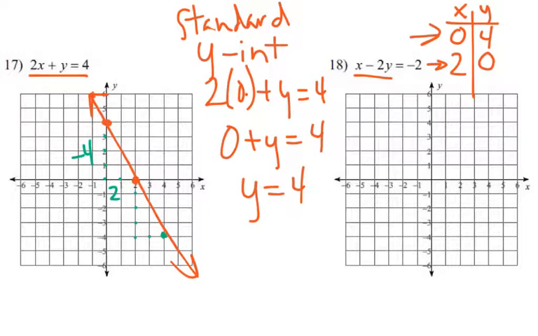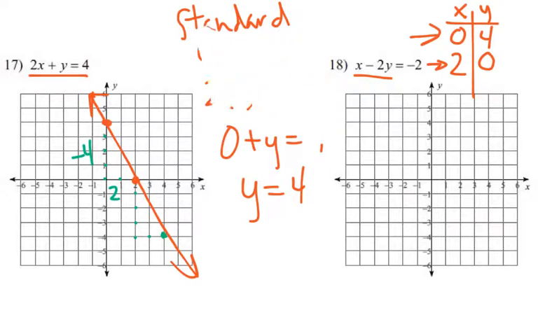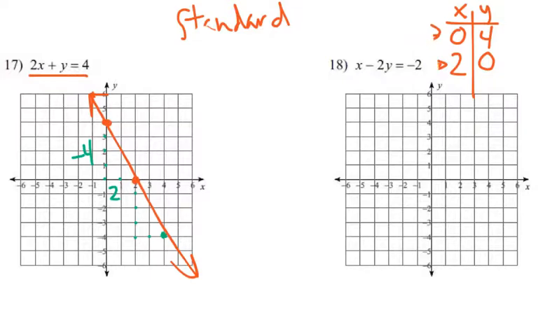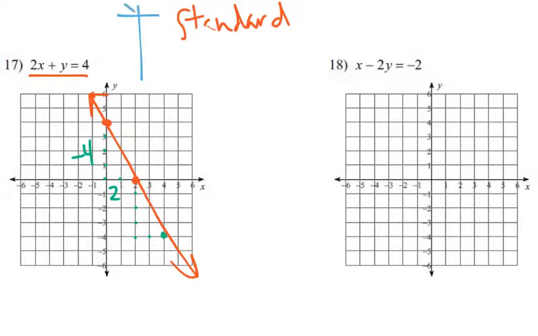Alright, so let's take a look at that again. So anytime you're given this standard form, this works really well to figure it out. So, right, it's like we're making a mini table where x is 0 and y is 0.